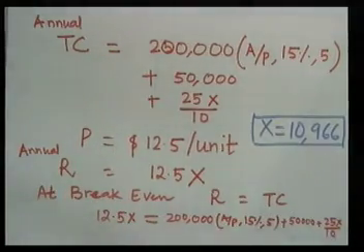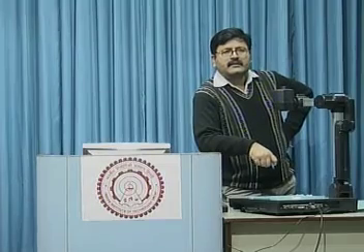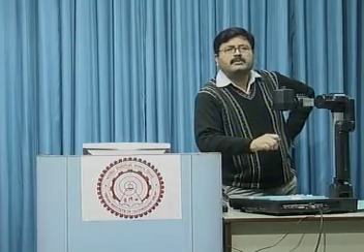So what does this x mean? It means that just to break even, that means just to recover your total spendings, you need to produce 10,966 units of this particular product.